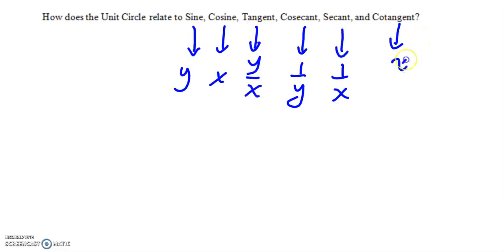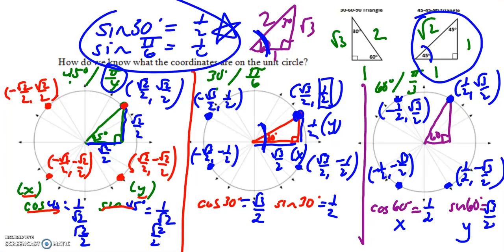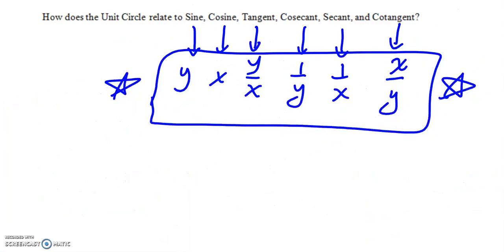So cotangent is the comparison of x divided by y, or x to y. Knowing these and practicing these, again, is something that'll really help you with speed as we start using the unit circle more and more. So again, tomorrow we're going to be practicing putting these coordinates on the unit circle, kind of starting to memorize them and get them down. The faster you have them memorized, the more you practice, the stronger you will be.